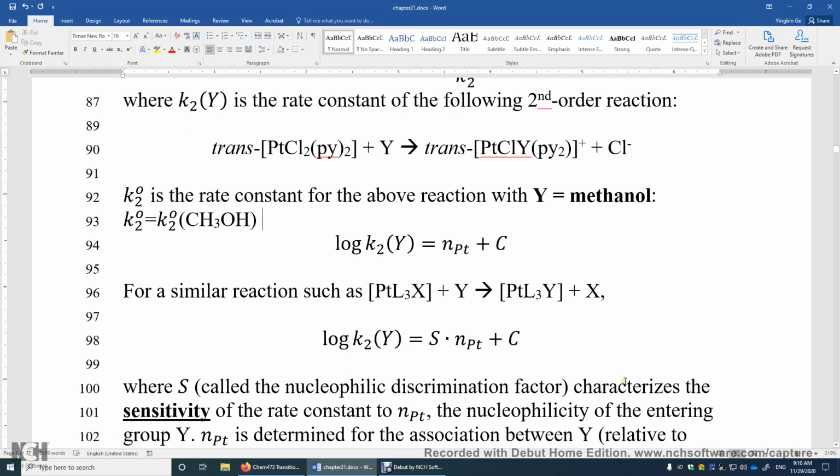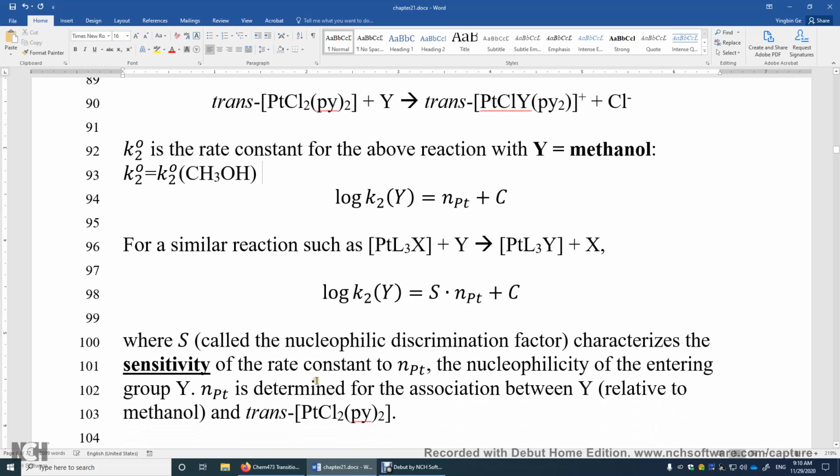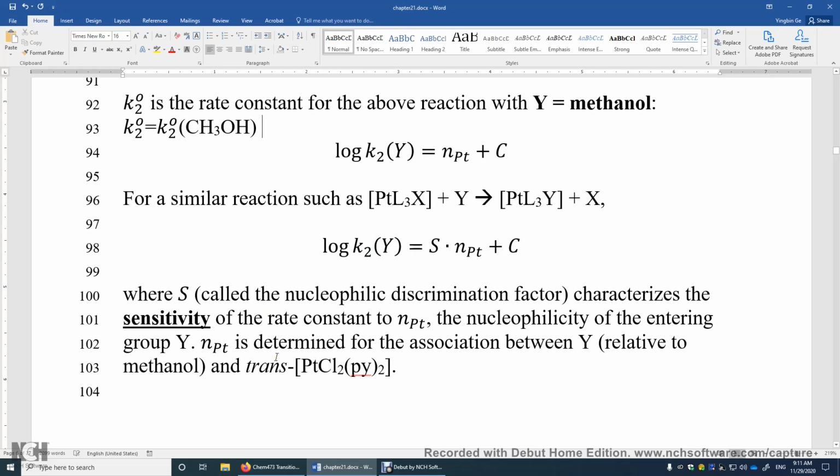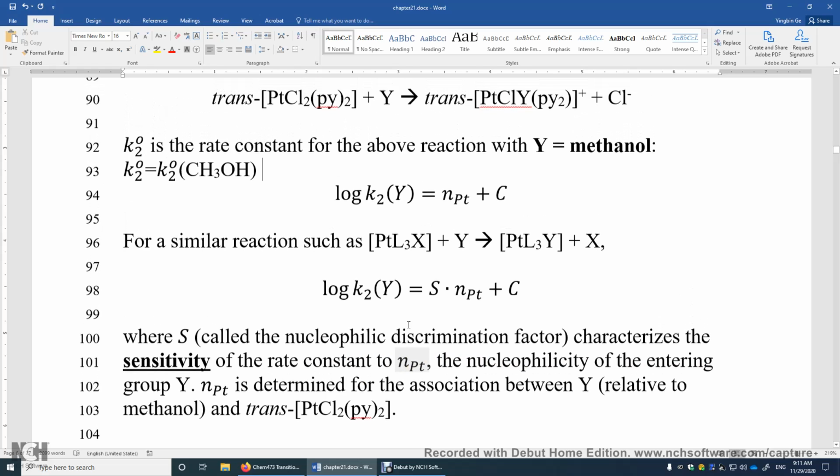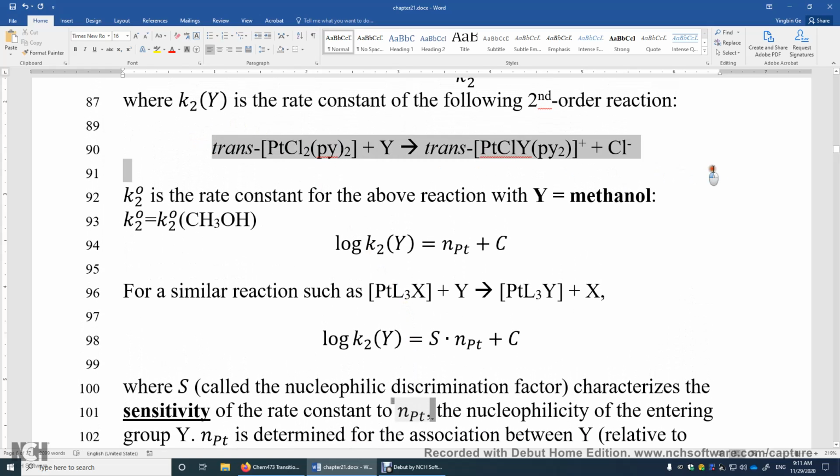It characterizes the sensitivity of the rate constant. So this is the rate constant, and s is the sensitivity of this, how sensitive this rate constant is to this N sub Pt. And again, N sub Pt is the nucleophilicity of the entering group Y. And this N sub Pt is determined for this specific reaction.